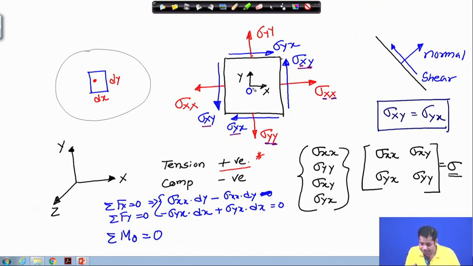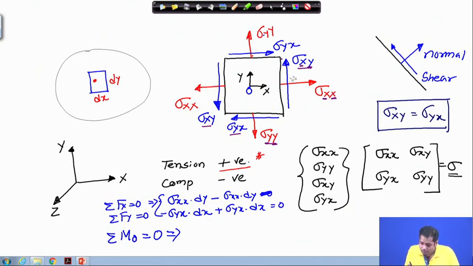So, if this is O, then these normal stresses will not contribute, because the moment is taken from the center point, and this normal stress multiplied by this area, the force in x direction, will pass through this center point. Therefore, the normal stress will not contribute to this equilibrium equation, only the shear stresses will.